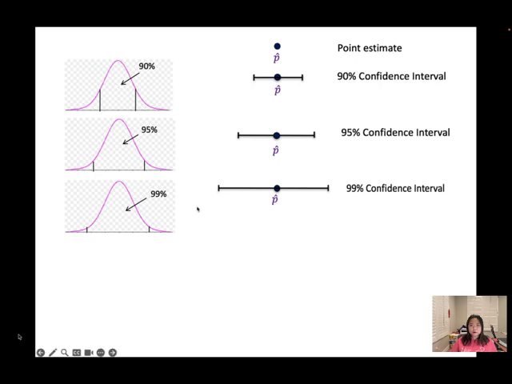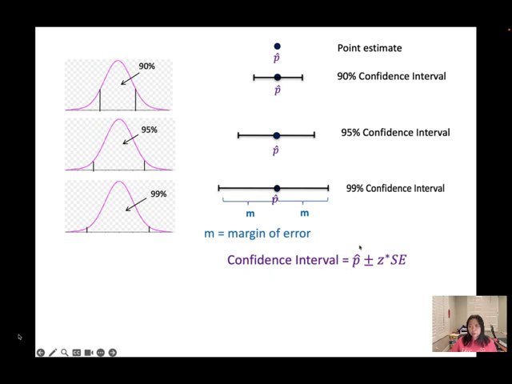And then from the point estimate to the side here, we're going to use the M. And the M here means the margin of error. So the confidence interval will be using the sample proportion plus minus z star times the standard deviation. I'm going to explain this later. This is how you construct the confidence interval. Sample proportion plus the margin of error, you're going to get this point.